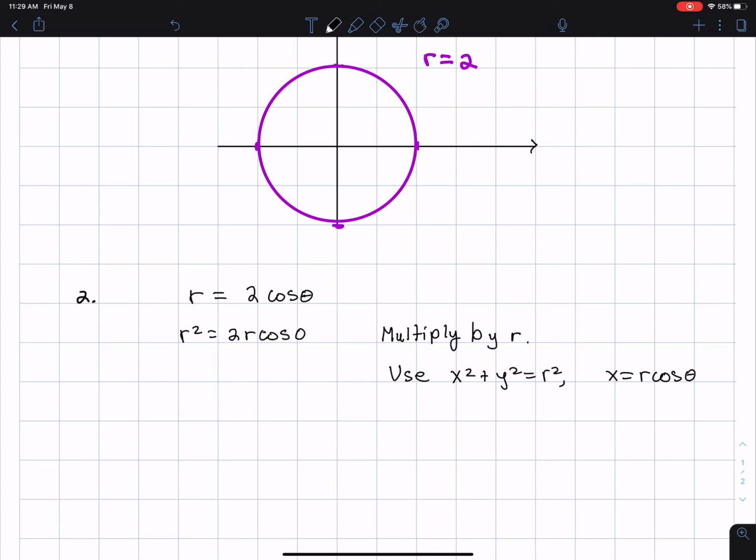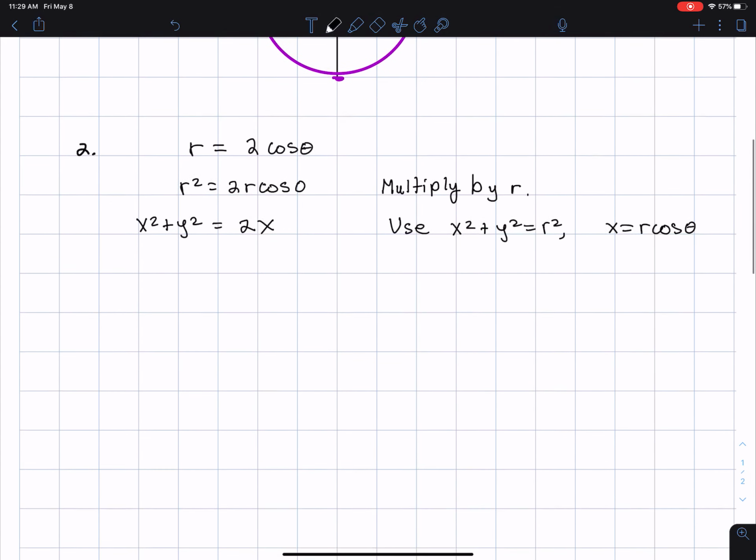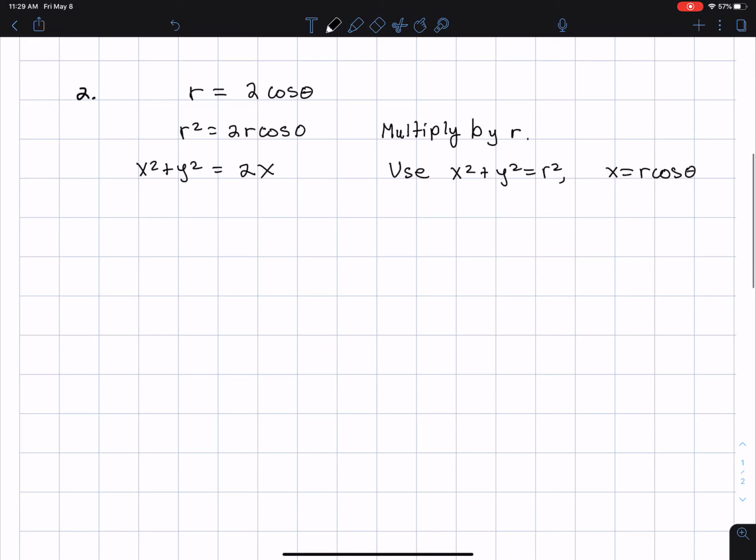Those are identities that we have with polar coordinates. That's taking this polar equation and putting it into a Cartesian equation with x and y. And this is the equation of a circle. We have to move things around to see that.